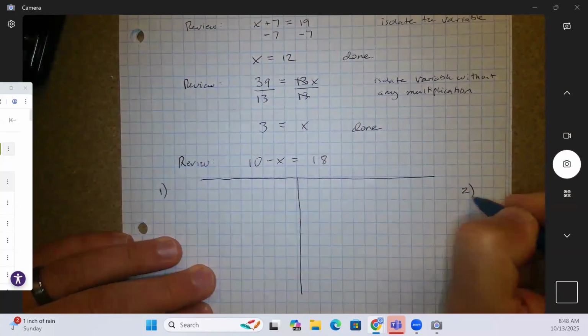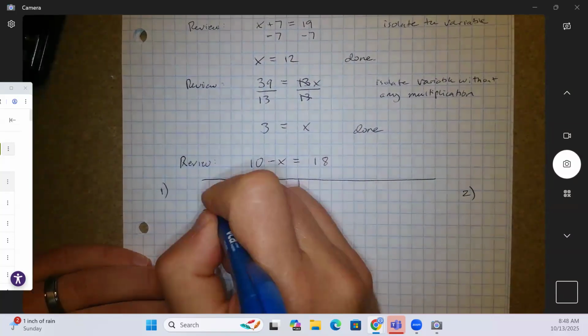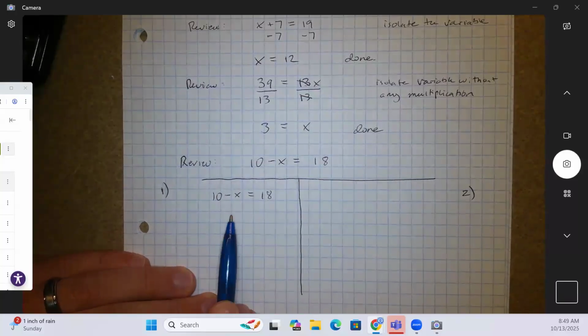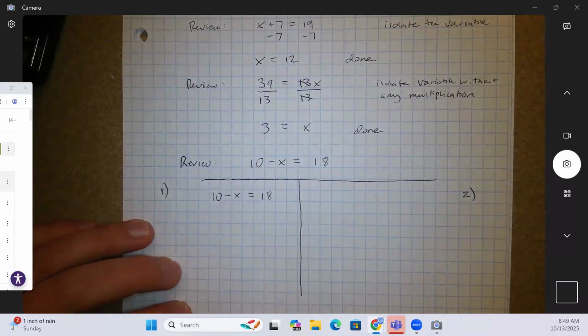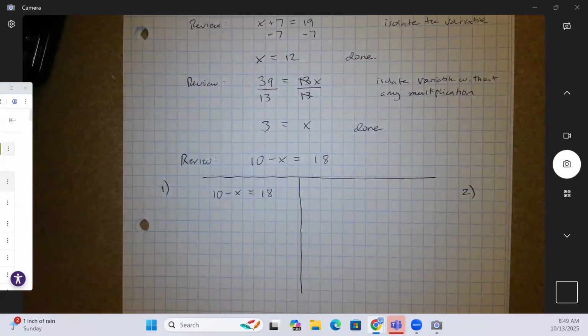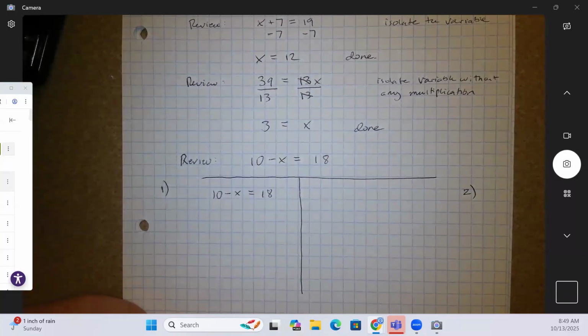First way here and the second way there. So the first way is how we solved it before, and that says we want x not only by itself, but also positive. So maybe the first thing to do is figure out how to get a positive x in there instead of a negative x.